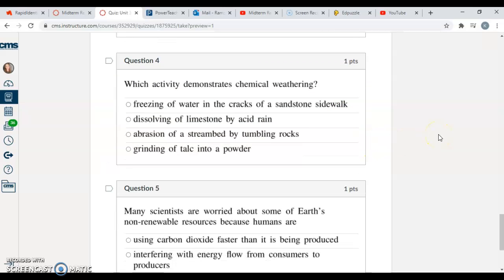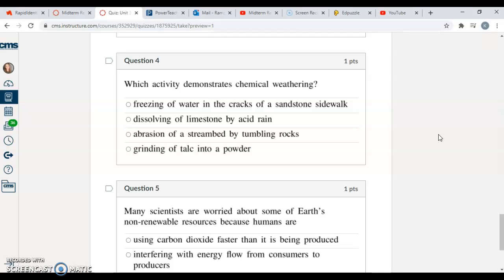All right, question 4 says, which activity demonstrates chemical weathering? Chemical weathering is going to be a change in the composition of the rock. Anytime we have chemical weathering, we're going to see either a change in color, something's going to be dissolved, there's going to be some kind of chemical reaction, versus physical or mechanical weathering, which is just breaking the rock apart into smaller pieces.